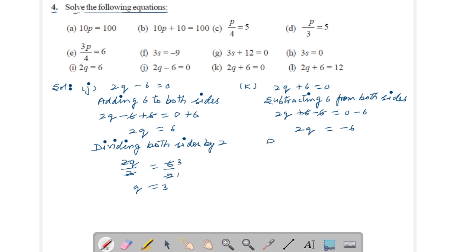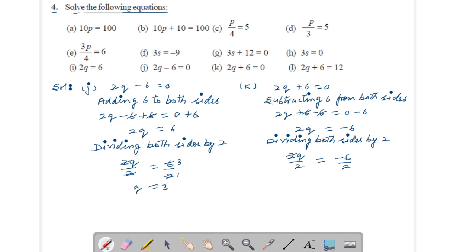Dividing both sides by 2, what will you get? 2q upon 2 equal to minus 6 upon 2.